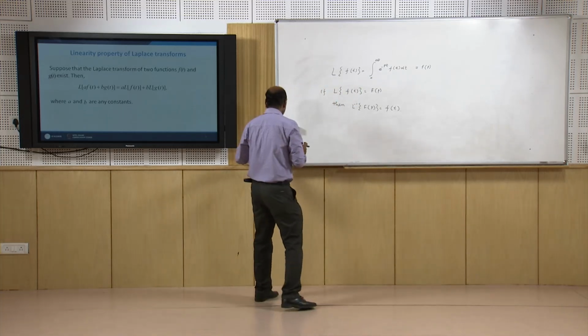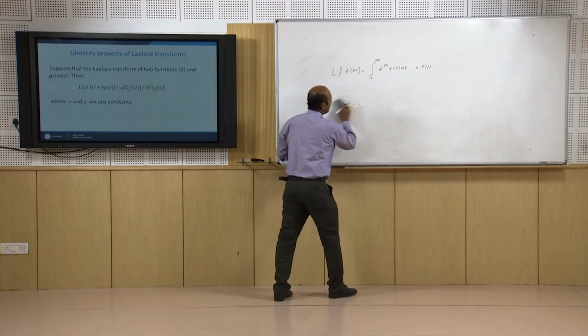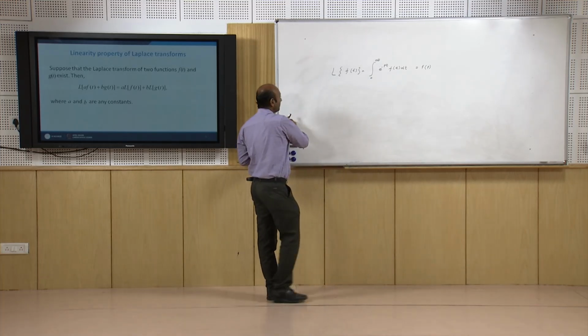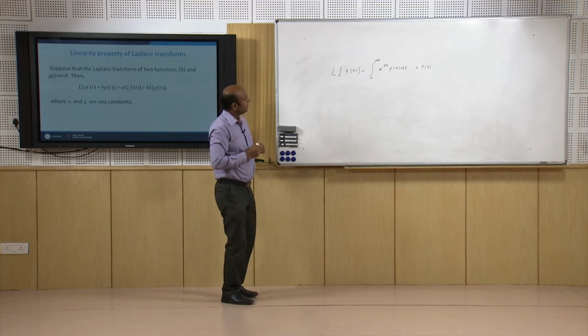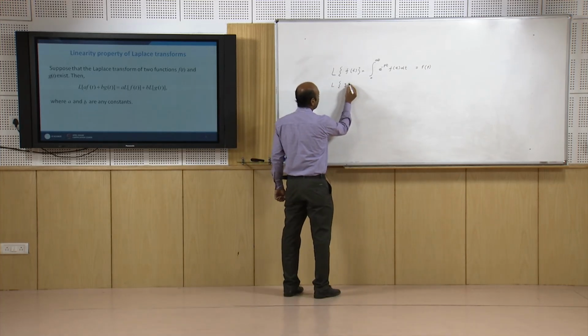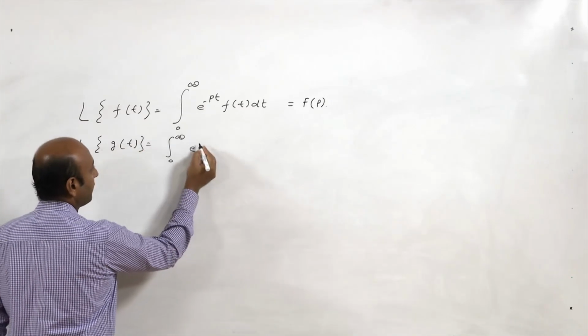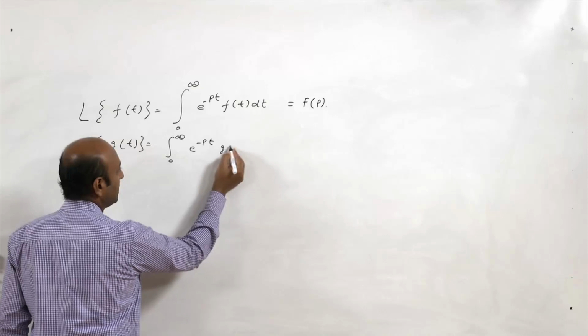Now, let us try to prove this result. The proof is very simple. As we already know, the Laplace transform of f(t) is given by this expression. Similarly, the Laplace transform of some function g(t) will be nothing but the integral from 0 to infinity of e to the power minus pt g(t) dt.